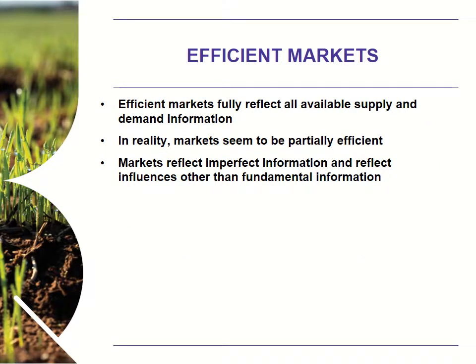Efficient markets: remember there's strong, weak, and semi-strong. In an efficient market, prices reflect all available supply and demand information, and in a really strong one, it also includes inside information. But in reality, the market seems to be partially efficient because it reflects imperfect information and other influences besides fundamental information, such as emotions.